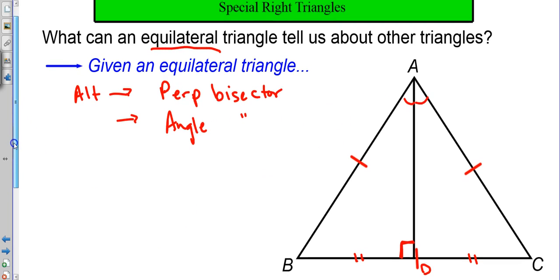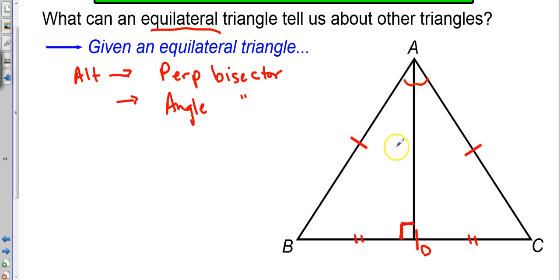So we know that an equilateral triangle, if it's got congruent sides, also has congruent angles. So I can come in here and label these angles. From the triangle sum, we've got a total of 180 degrees, but equilateral means equiangular, and I've got three angles, so if we divide that by 3, that'll give us the angle measure of each one of these angles, and we've looked at that before this year.